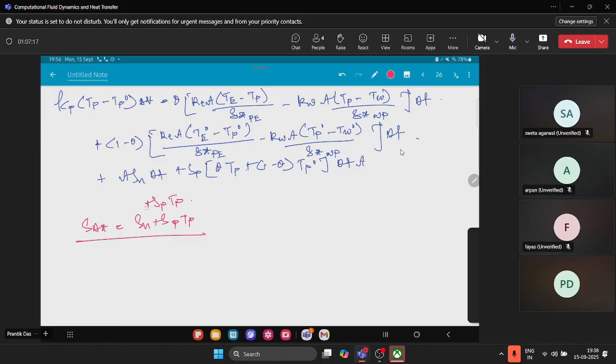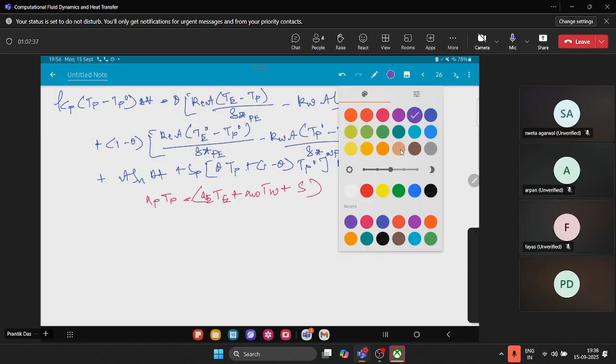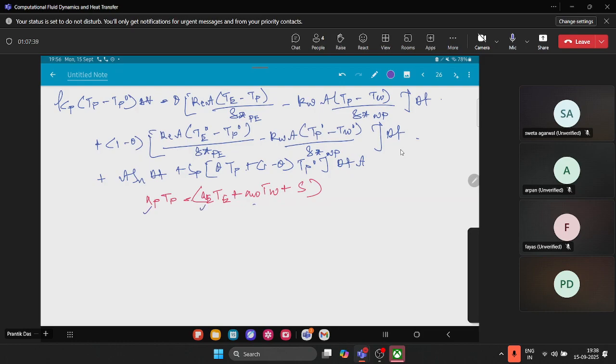When I told you in one of the classes that AP TP equals AE TE plus AW TW plus source term, these coefficients AP, AE, and AW will change when I change the discretization scheme. This is a one-dimensional problem, where P is the central control volume of interest, E is east, and W is the west control volume.